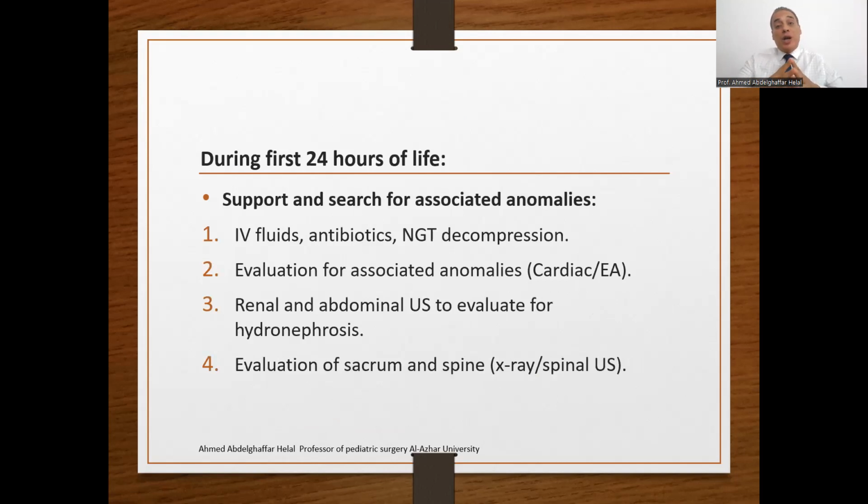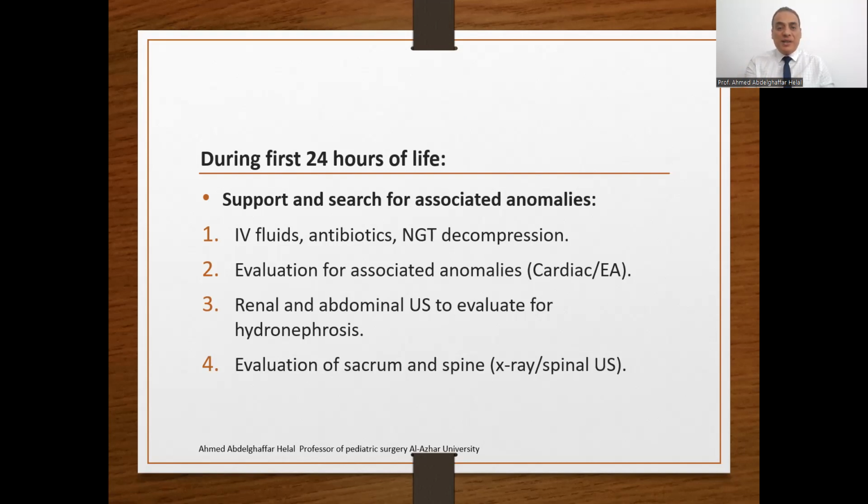During the first 24 hours, you will use this time to, number 1, support the baby, and number 2, search for associated anomalies. So you will give intravenous fluids, antibiotics, nasogastric decompression, and evaluate for associated anomalies: cardiac, esophageal atresia, duodenal atresia. You will study the characteristics of the baby's sacrum, spinal anomalies, tethered cord.